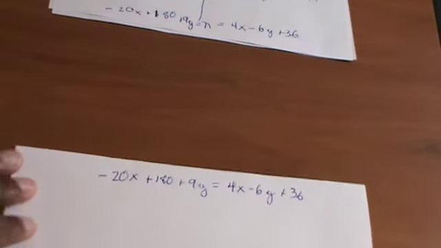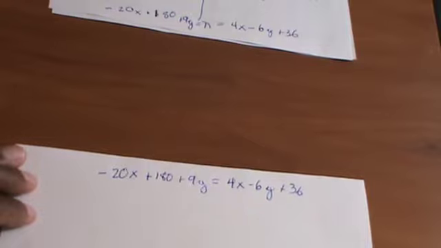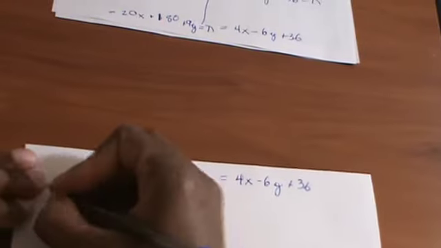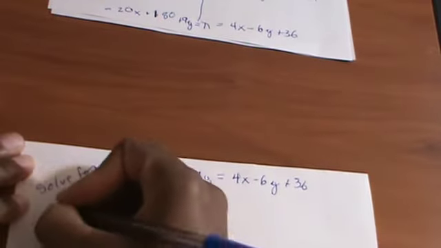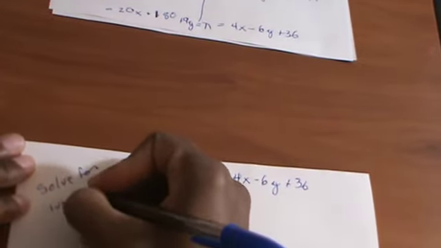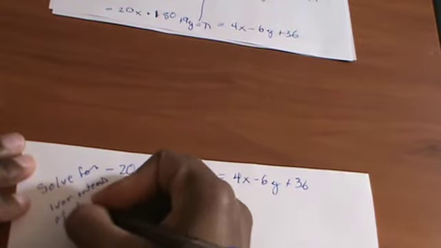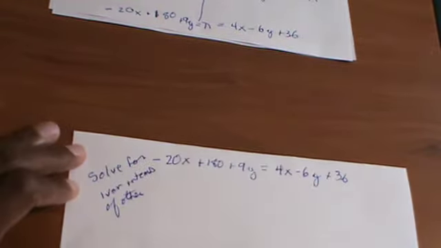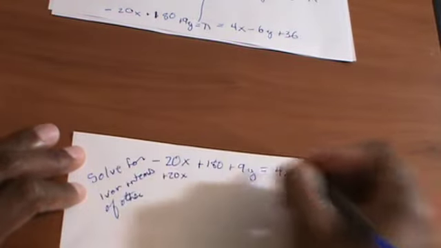Let's get all of the x's on one side and all the y's on the other, because we're going to solve for one variable in terms of the other. So let's add 20x to both sides.